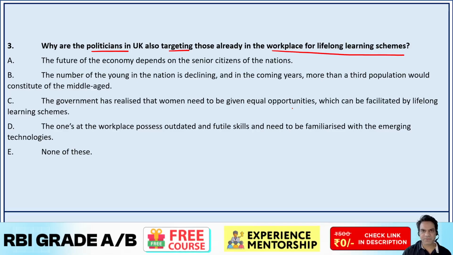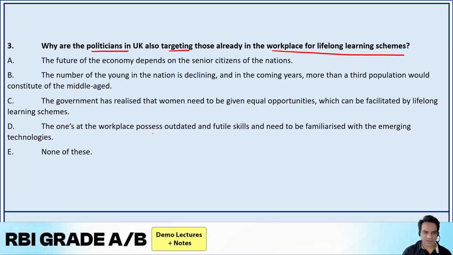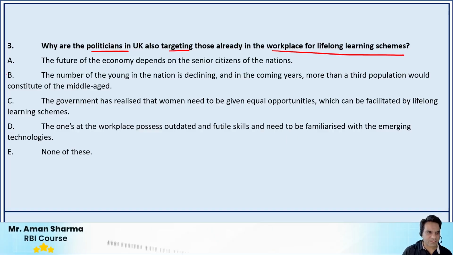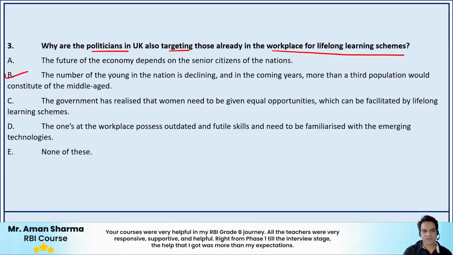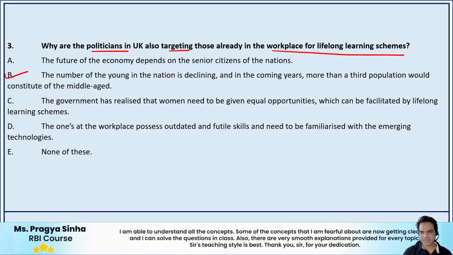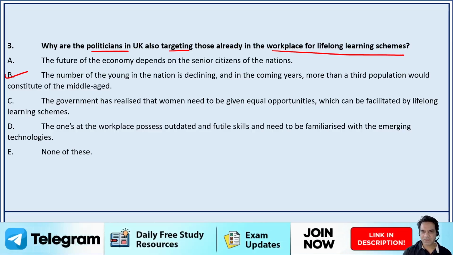It's not just about women, it's about people who can work in the workforce, and the ones at the workplace possess outdated and futile skills and need to be familiarized with the emerging technologies. No, the correct answer is option number B. The number of the young in the nation is declining, and in the coming years more than a third population would constitute the middle age. That is why politicians are also targeting people who are already in the workplace. So option B is the correct answer.